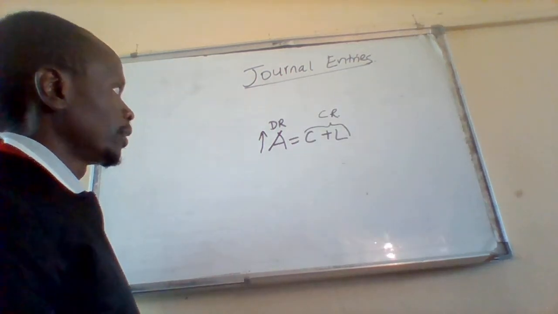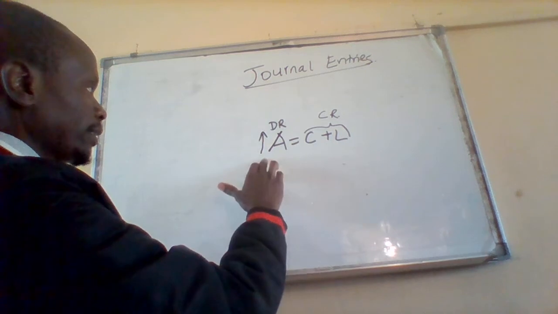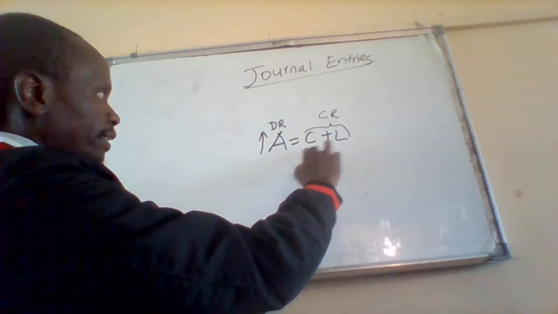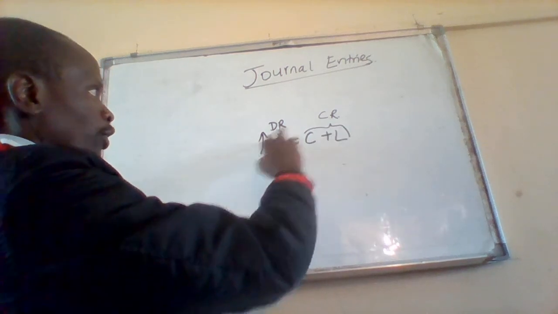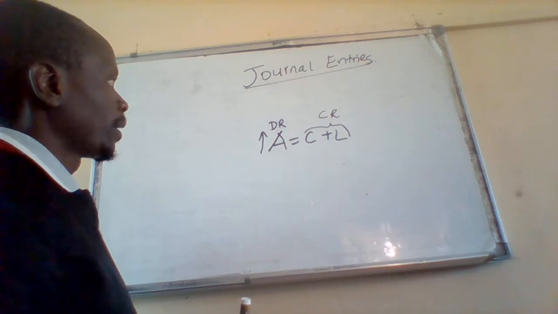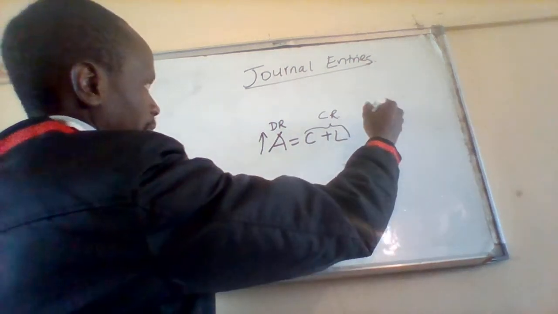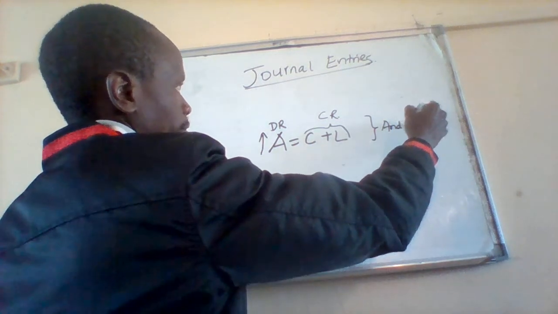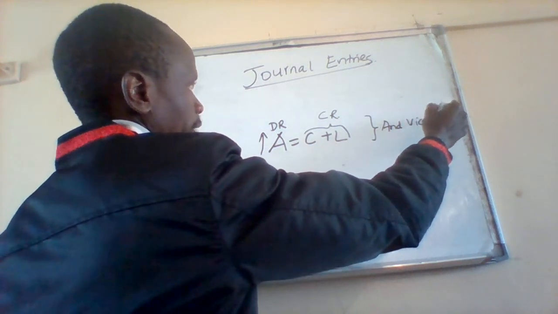Okay. So if the left side increases, we debit. If the right-hand side increases, we credit. So this is a rule, and vice versa. So let me write here, vice versa.